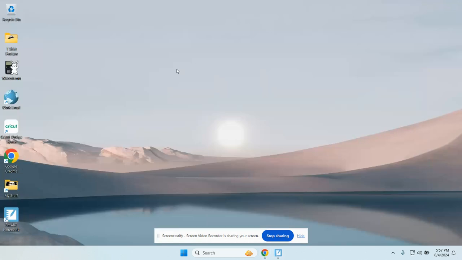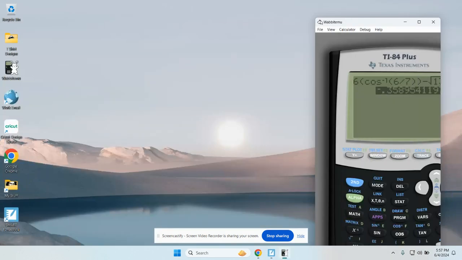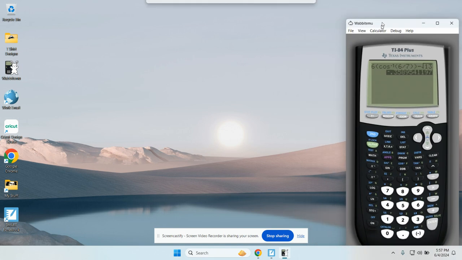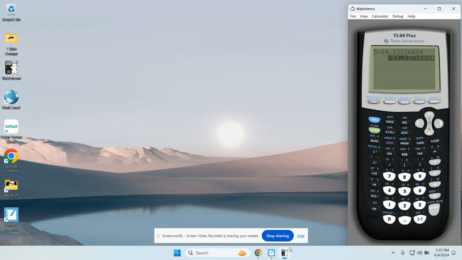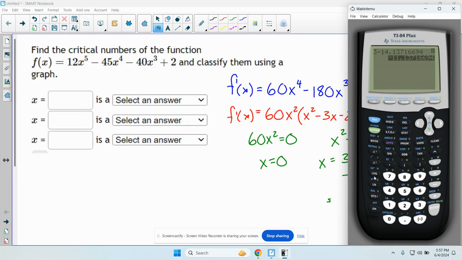Let me get the calculator out. So we have the square root of 17. I have 3 plus this divided by 2, and 3 minus this divided by 2.